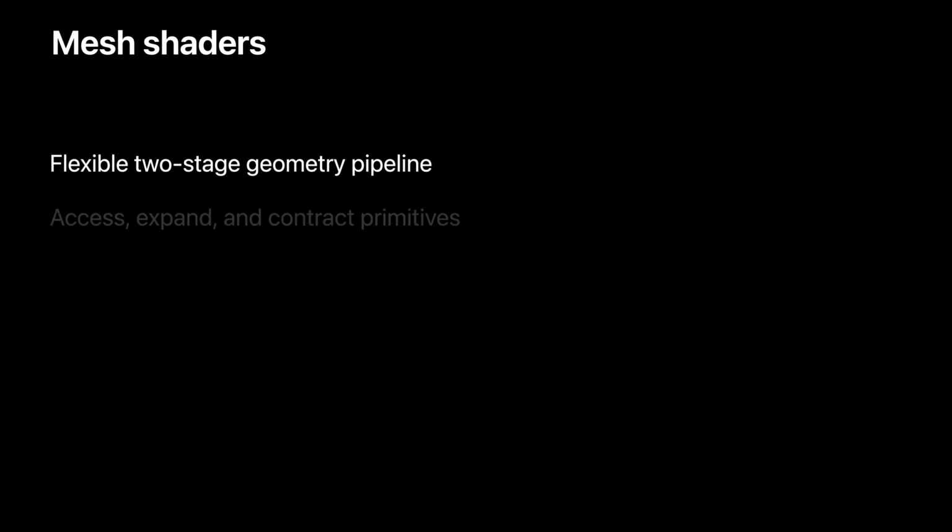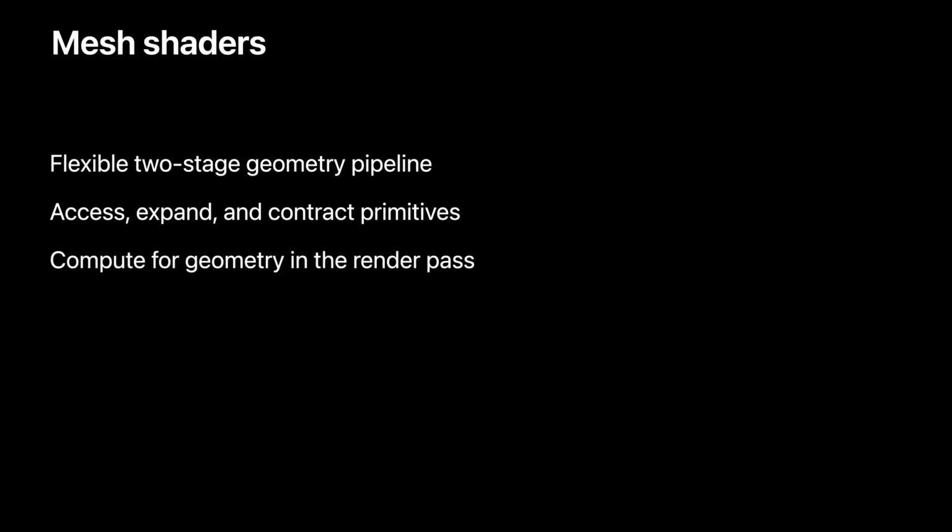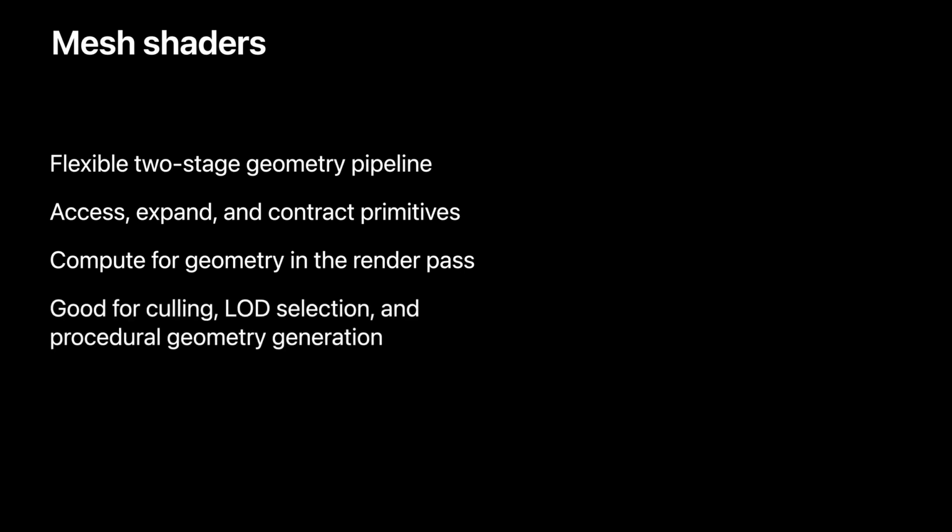The first stage analyzes whole objects to decide whether to expand, contract, or refine geometry in the second stage. It achieves this by providing compute capabilities in the render pass without the need for intermediate device memory storage. Mesh shaders are a great fit for apps that perform GPU-driven culling, LOD selection, and procedural geometry generation.